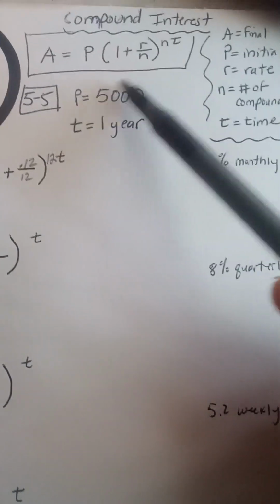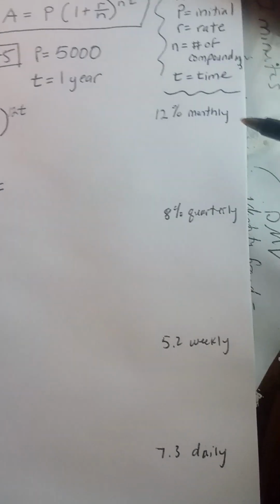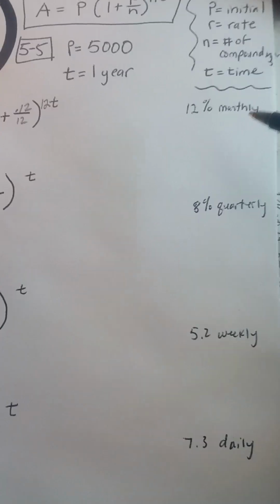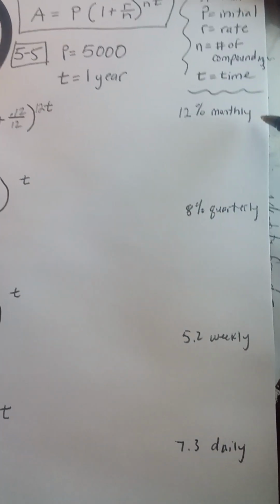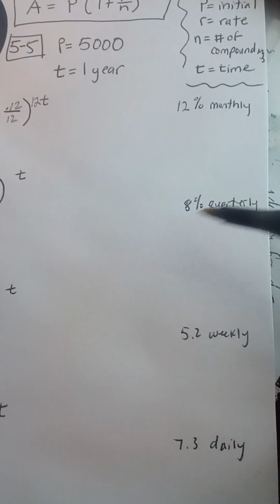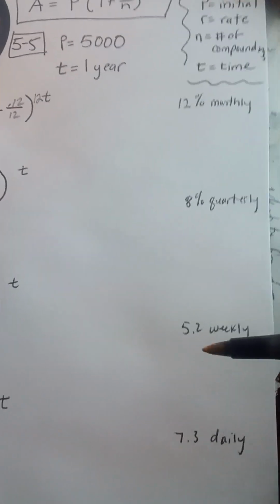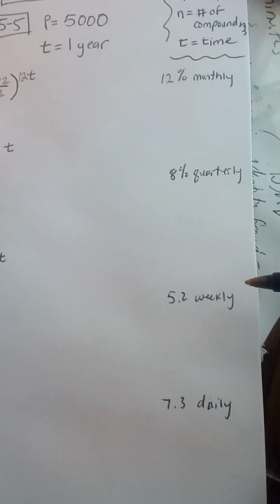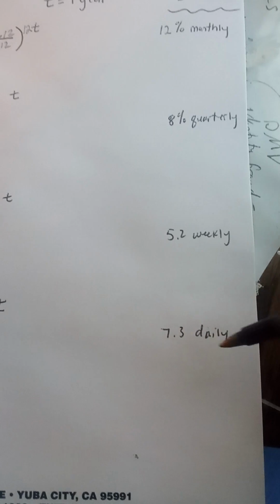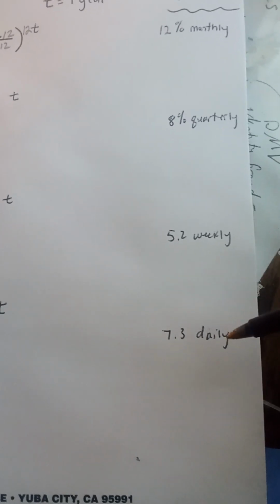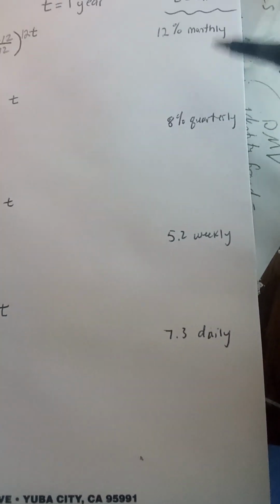In this case, we've got 4 different little scenarios: 12% interest compounded monthly, 8% interest compounded quarterly, 5.2% interest compounded weekly, and 7.3% interest compounded daily.